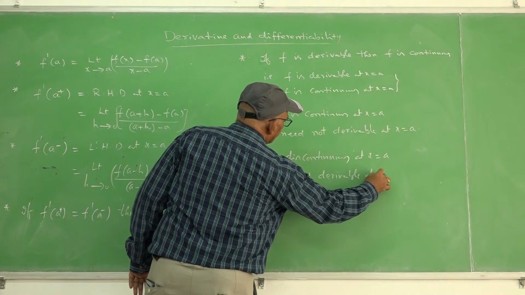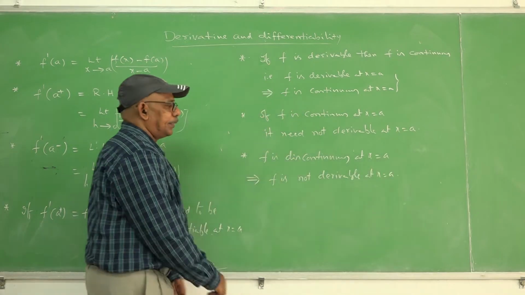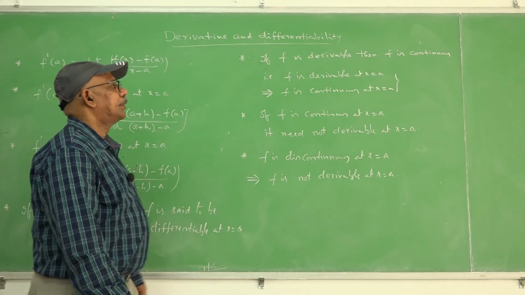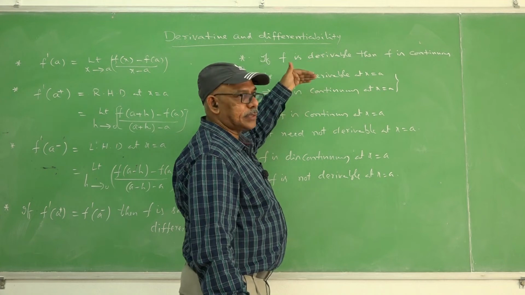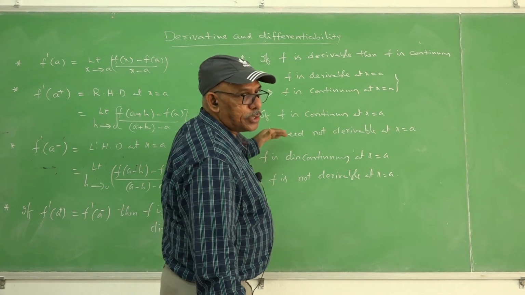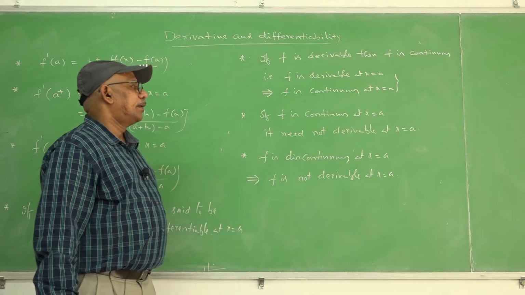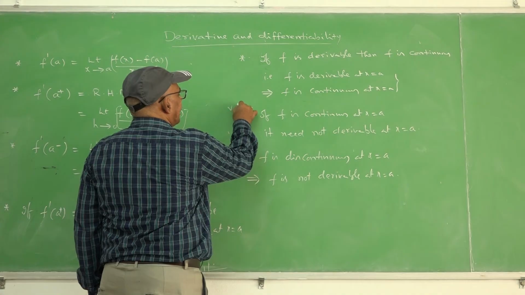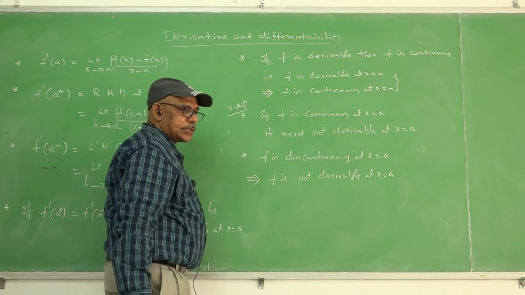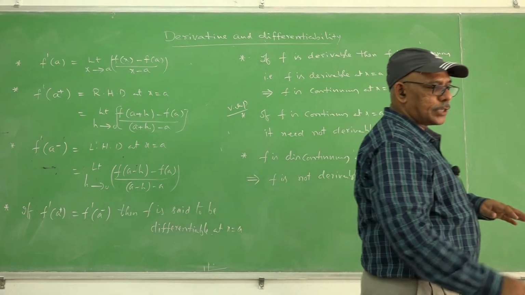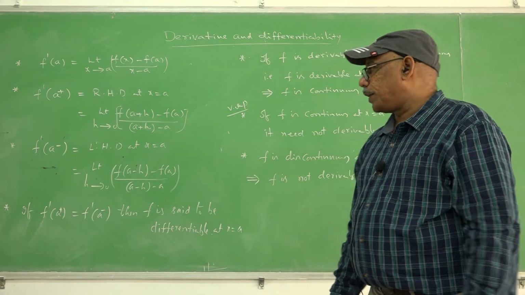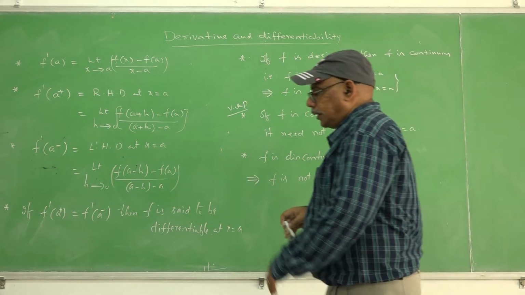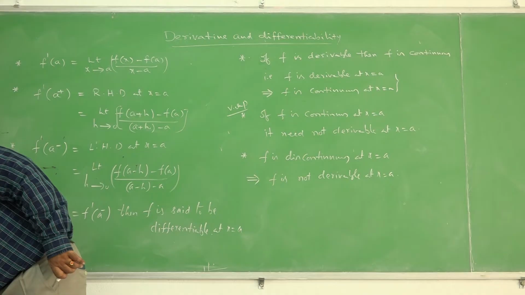So, discontinuity implies non-differentiability, and differentiability implies continuity, but continuity does not mean f is derivable at a. This point is very important. Even though the function is continuous, the function need not be derivable. These are the noteworthy points related to objective questions.